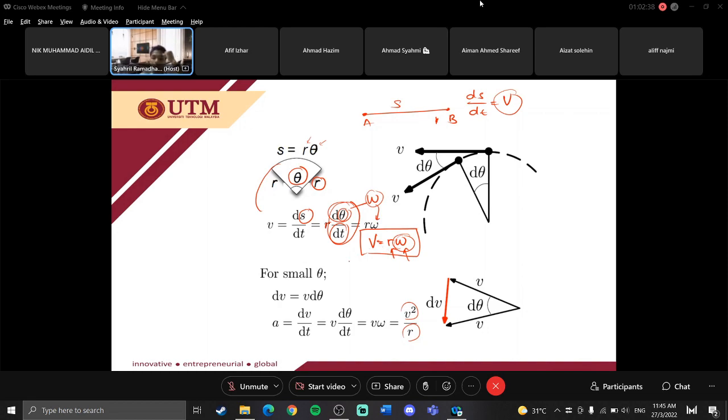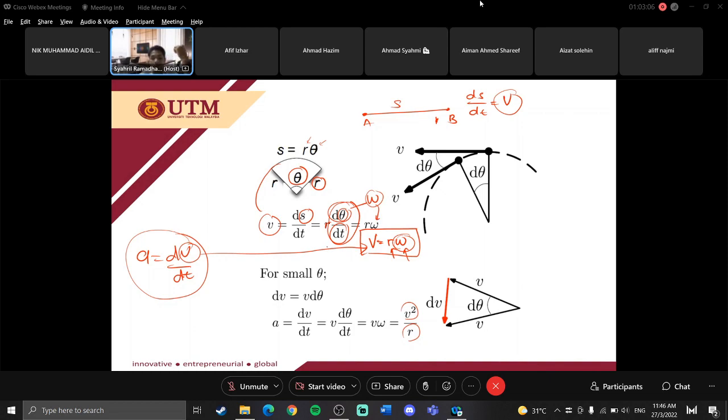Then we know that acceleration is equal to dv over dt. This is the relationship between displacement and time to get velocity, and this is the relationship between velocity and time to get acceleration. We know that v for the curvilinear motion is v equal to r omega.